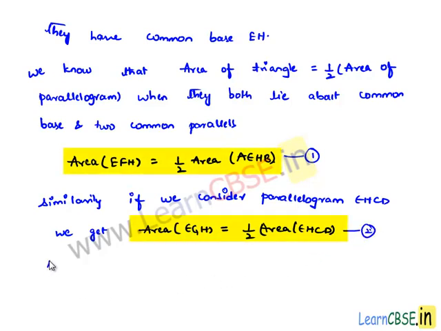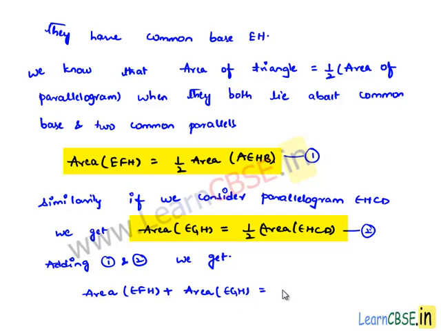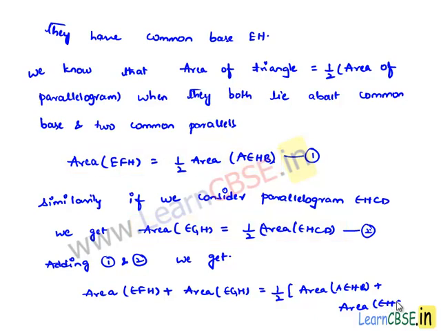Now adding 1 and 2, we get area of triangle EFH plus area of triangle EGH is equal to half times the area of parallelogram AEHB plus area of parallelogram EHCD.